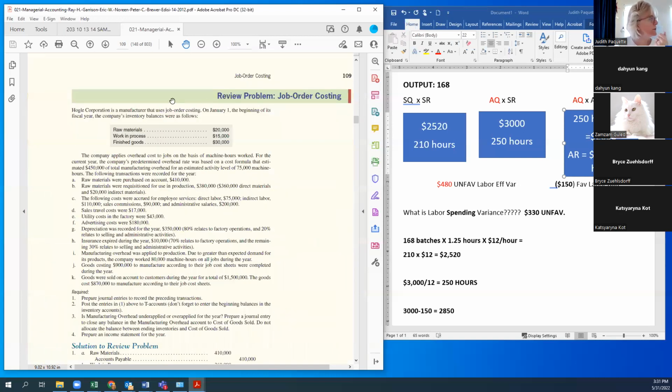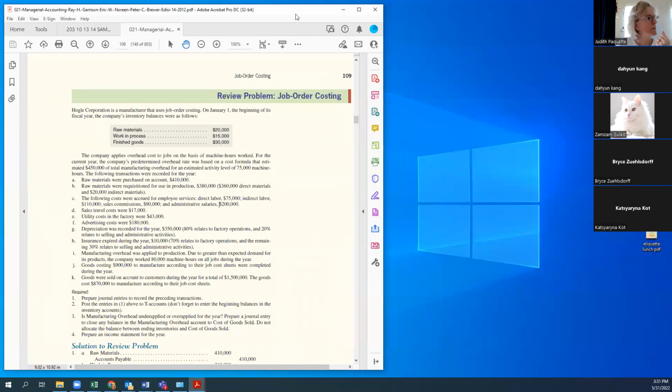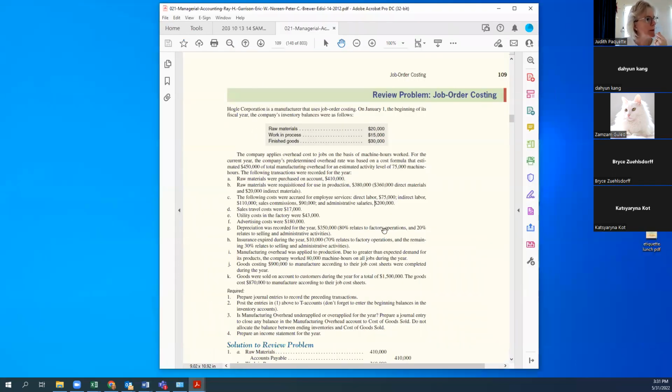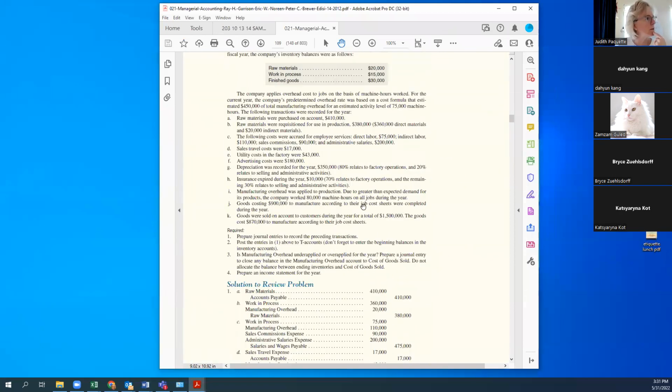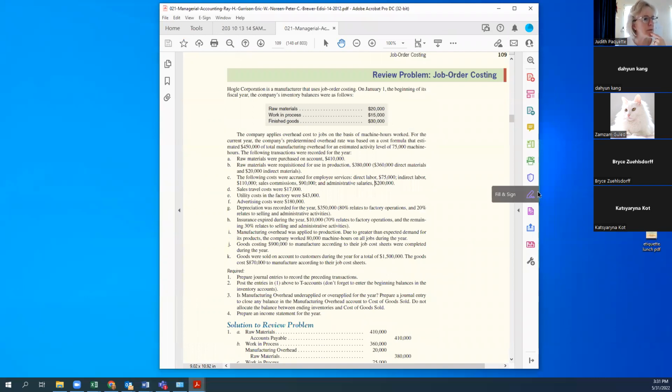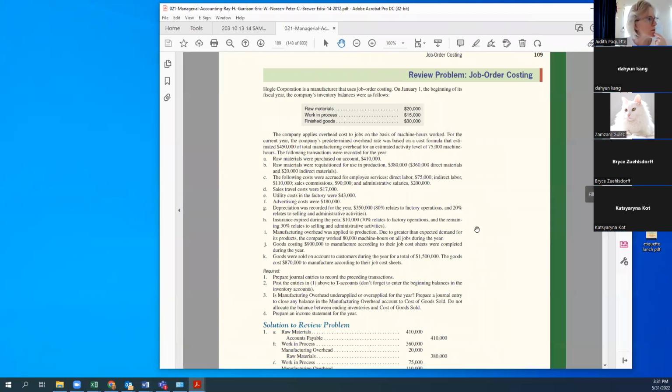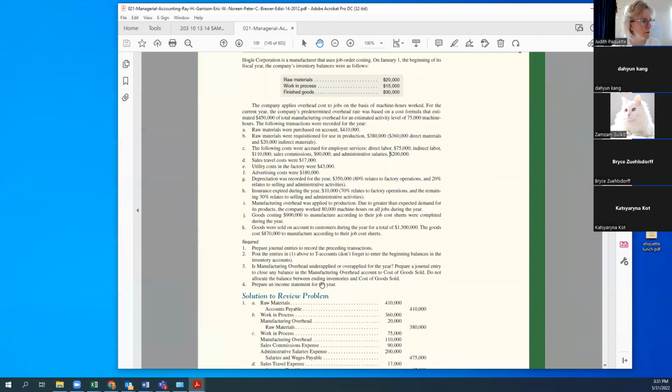But the whole answer is starting on page 109 here. So here's the problem that I gave you on the practice exam, and then here's all the solutions. I thought I put that in the solution manual, but maybe I didn't. Here's all the solutions.